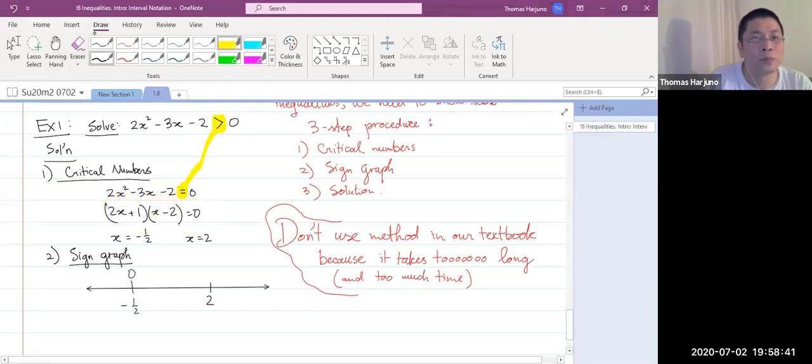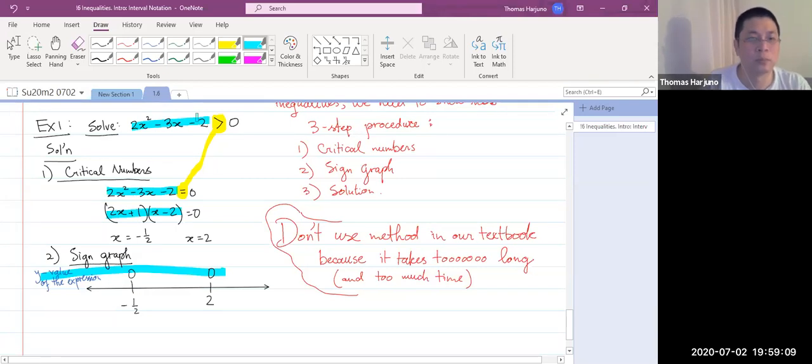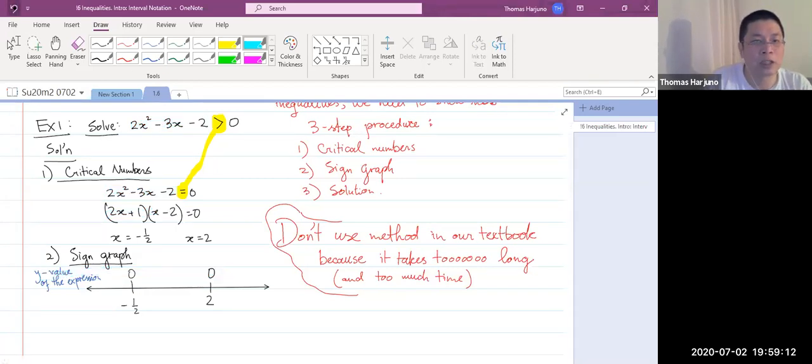Okay. So above that 2 on the number line, you write 0. This basically refers to the y value of the expression, the y value of this expression from the x value here.